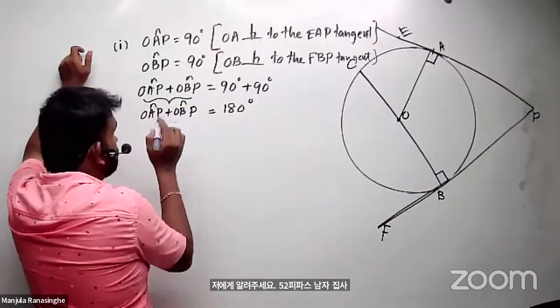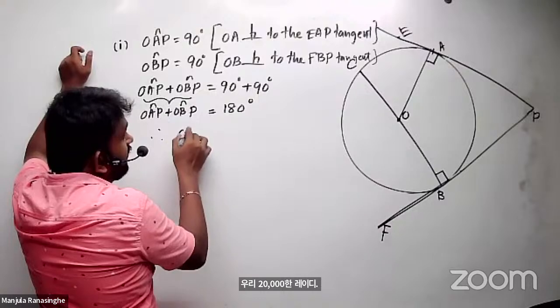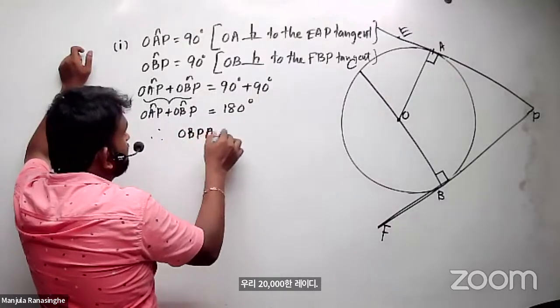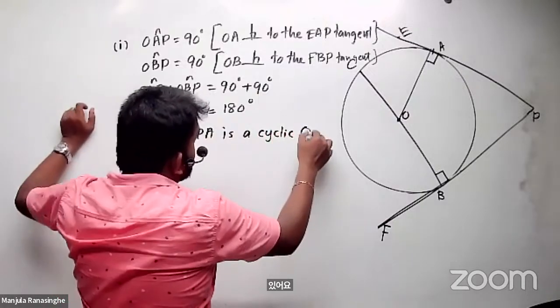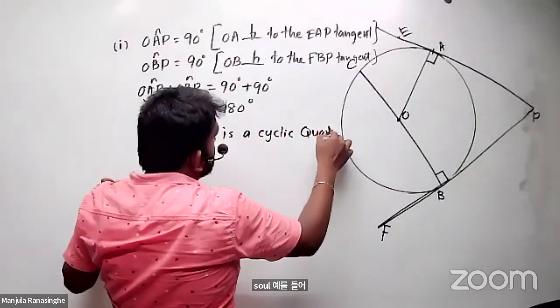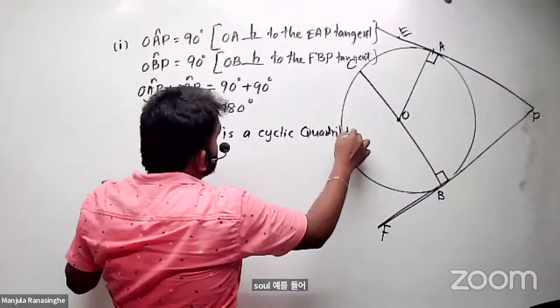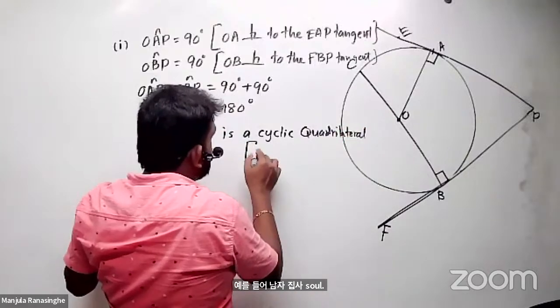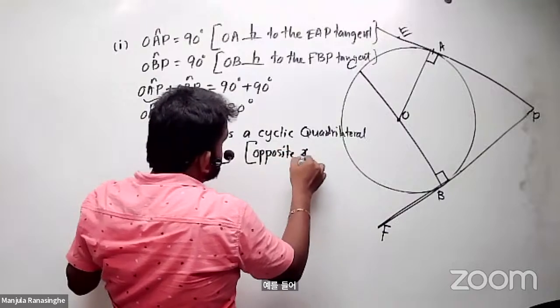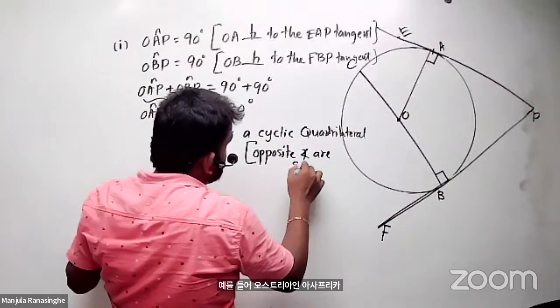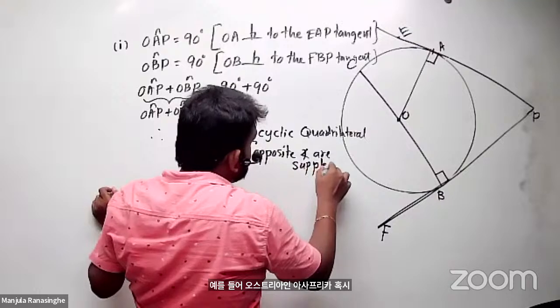So therefore, it is a cyclic quadrilateral. OBPA is a cyclic quadrilateral. What is the reason? Opposite angles are supplementary. They are adding to 180.